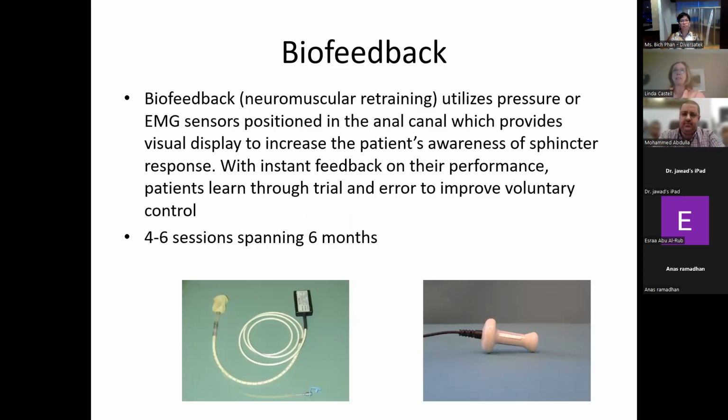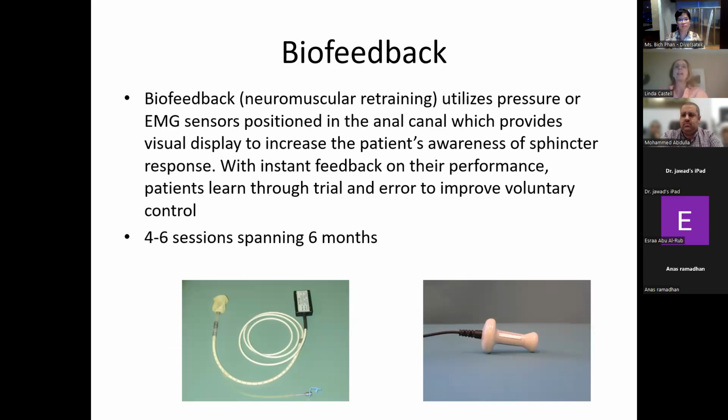Biofeedback is basically what we call neuromuscular retraining. We're going to utilize either pressure sensors with your manometry catheter or EMG sensors. And I have an EMG sensor here that I can show you. It's a sensor with 2 active channels and also a ground that's inserted into the anal canal.